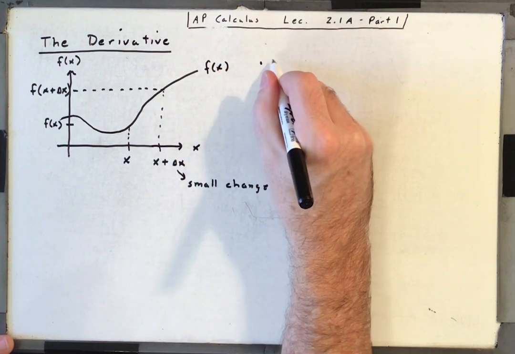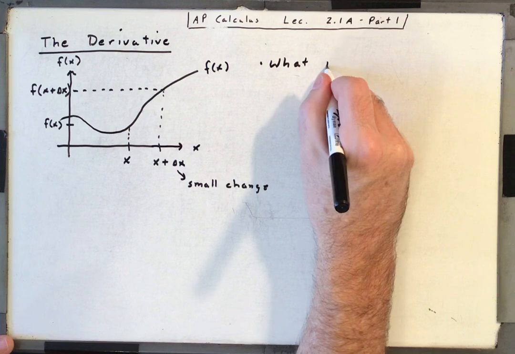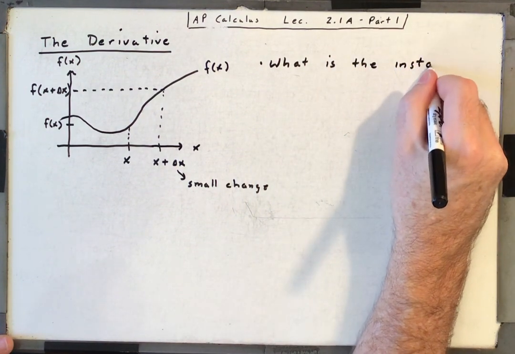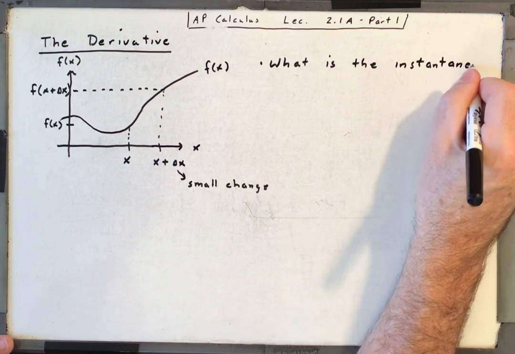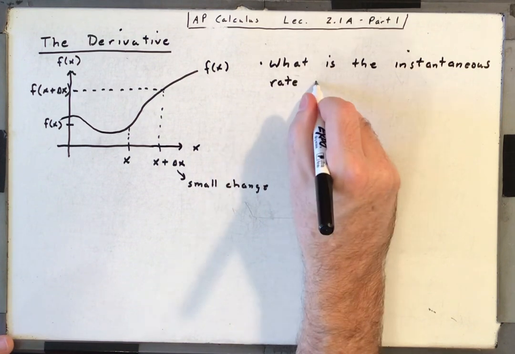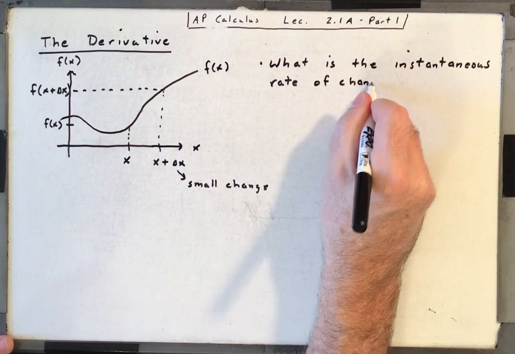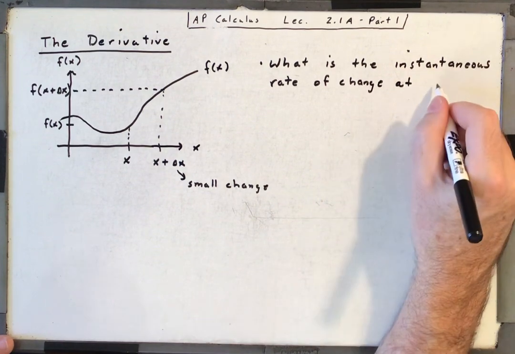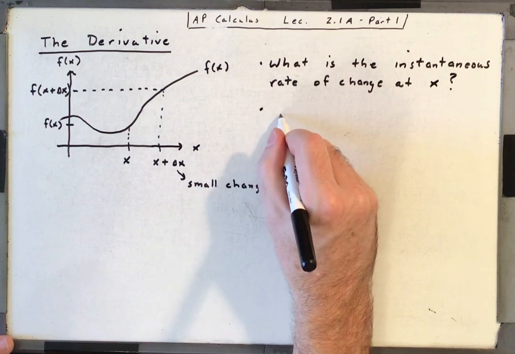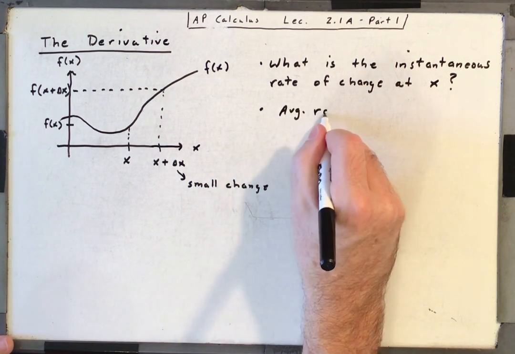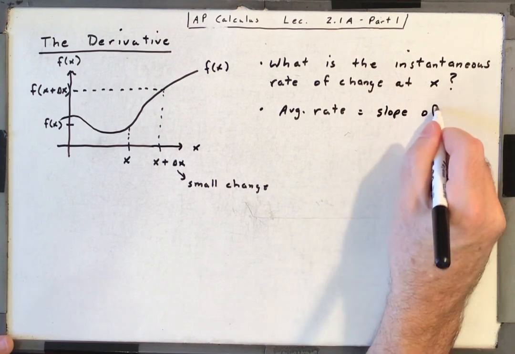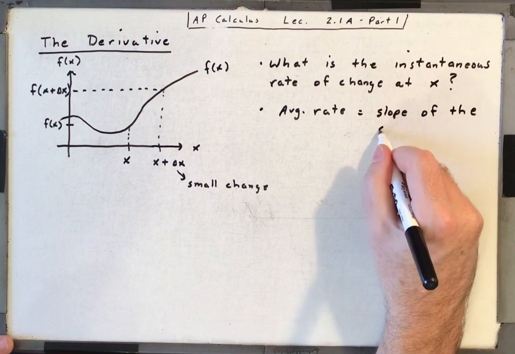So the question is, what is the instantaneous rate of change at x? The average rate is equal to the slope of the secant line.